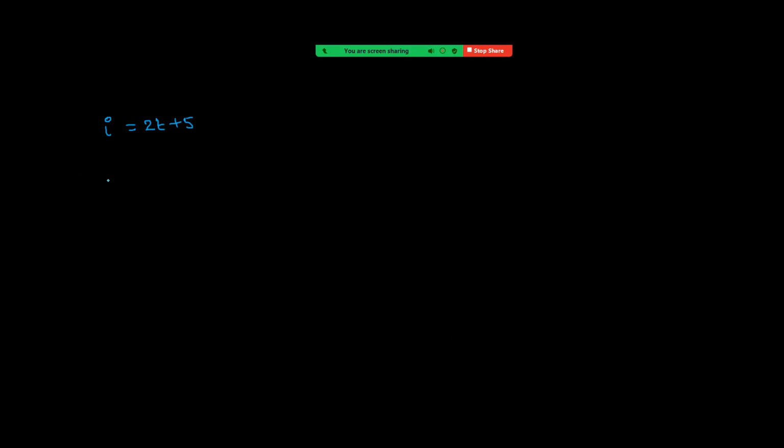We have to find how much charge flows in the time interval t equal to 0 to t equal to 3 seconds, right? And also we have to find average current in the same time interval. So this is the data given, right? Okay. So first see how to calculate the charge that flows in this given time interval.